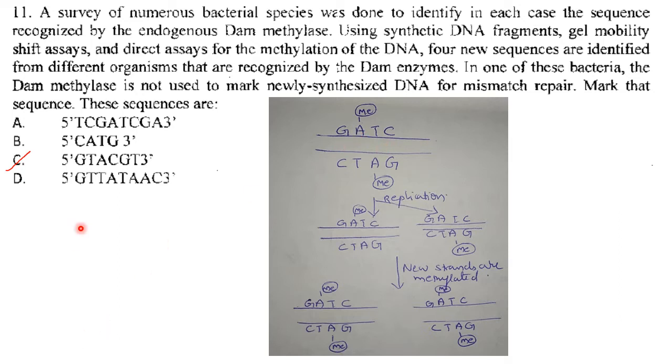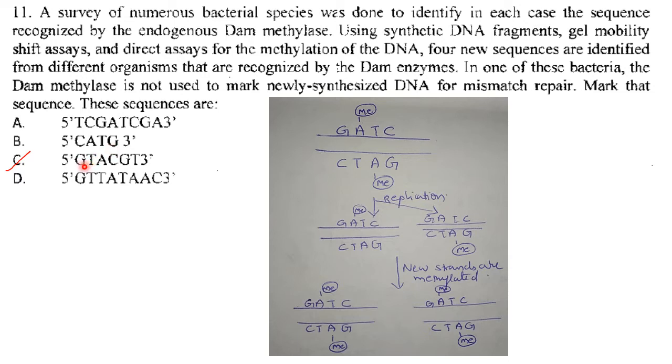So out of these, if you see the first one, it has a GATC, so it is not mutated, it is a normal bacterial sequence. Then here it is CATG, so there is no GATC in that.